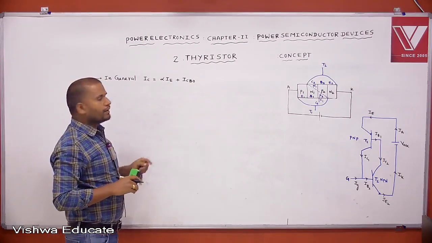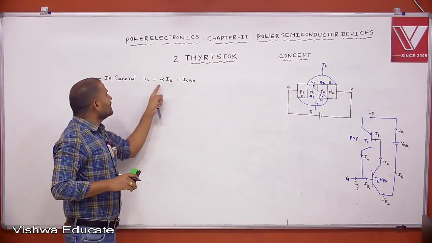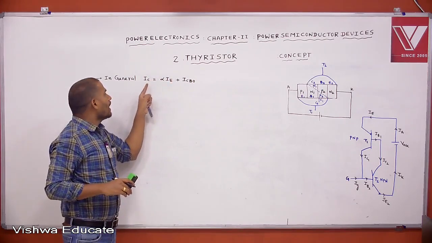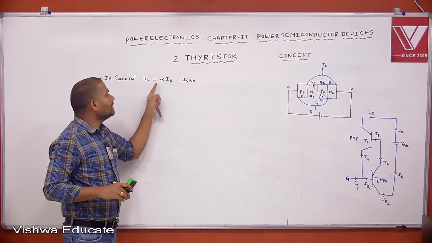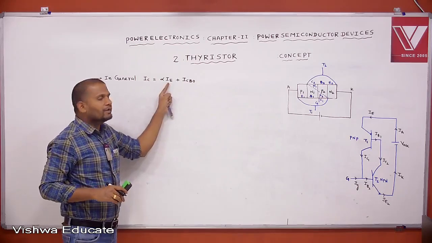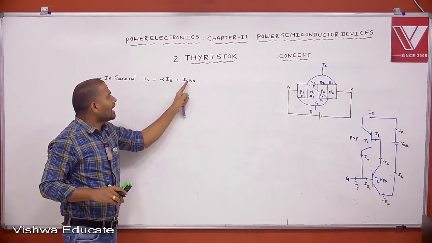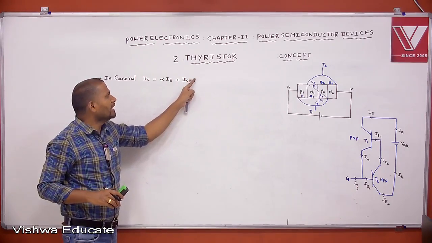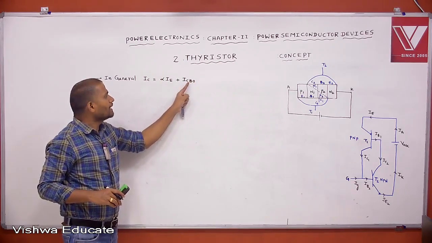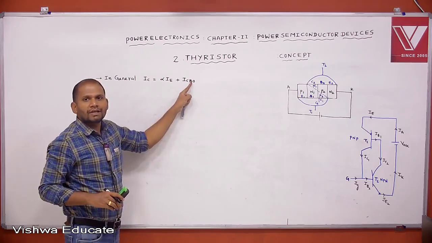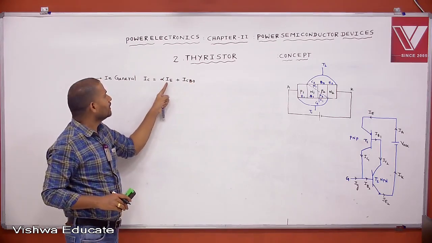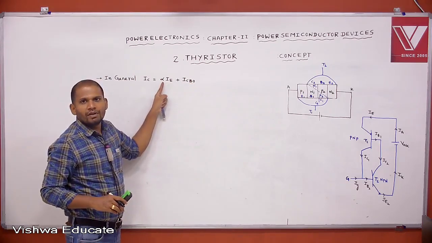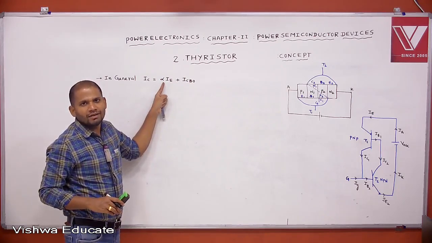For a transistor, you know this current equation, where IC is the collector current, IE is the emitter current, and ICB0 is the collector to base leakage current with emitter open. Alpha is the current gain, the large signal current gain.